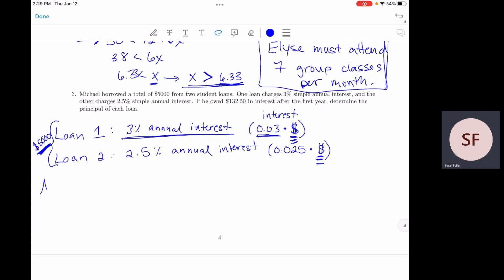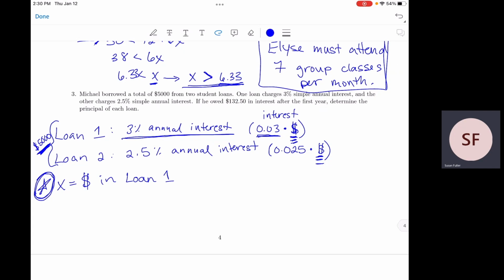So I'm going to make a note and say my variable, which I'm going to call X, is going to be the number of dollars in loan one. You can also pick loan two. It's totally up to you. As long as you make a note of it, it's all going to work out the same. Okay, so X is the amount of money that's in loan one.